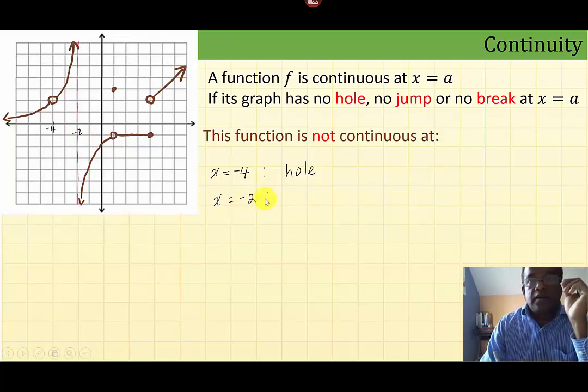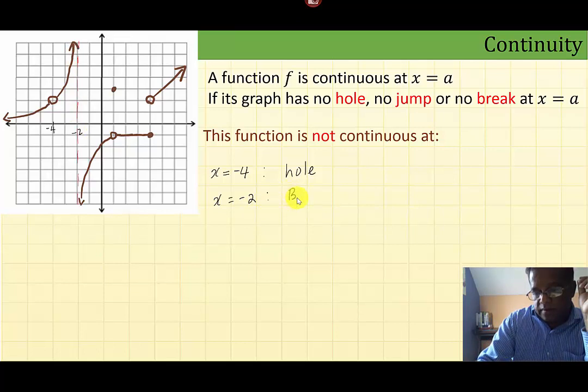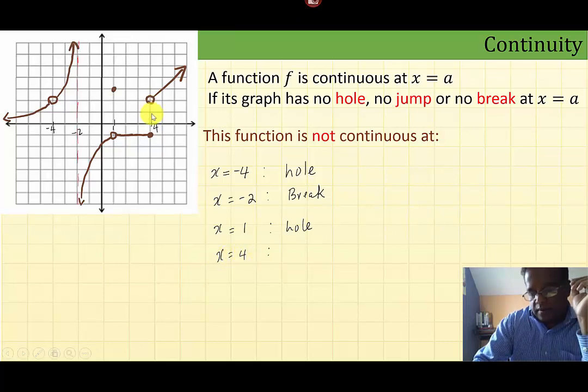It is not continuous because it has a break. And also it's not continuous at 1. At 1, what it has is again a hole. And at 4, again it's not continuous because it has a jump.